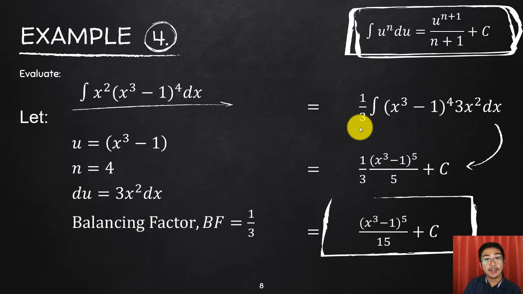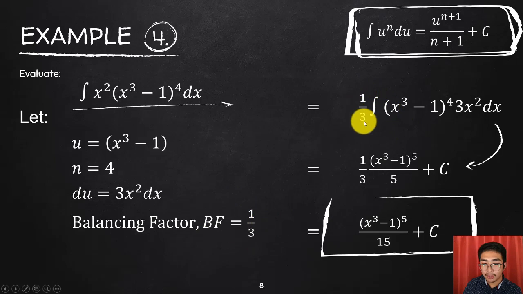So in reality, nothing changed when it comes to the value of the integral. This, for the lack of a better term, is our balancing factor. So it's as if we multiplied 3 because we needed 3 for du. So we also divided by 3 so that we do not change the actual problem itself, okay? So we call this our balancing factor.